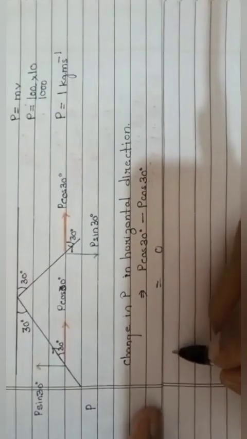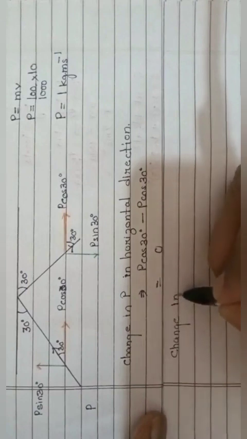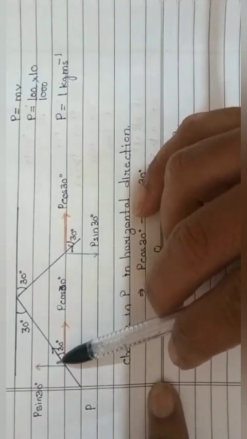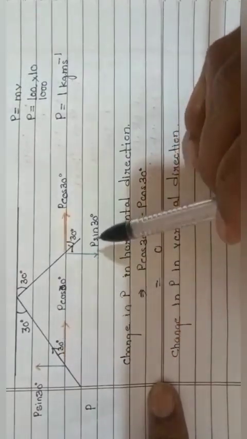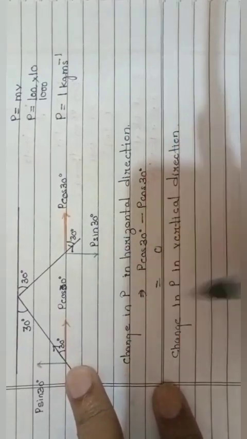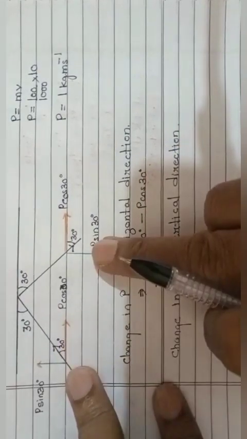Okay, now for change in momentum in vertical direction. Now you can see that these two vertical components are in opposite direction. So if we find their change in momentum, these are in opposite direction, so one will be positive, the other one will be negative.